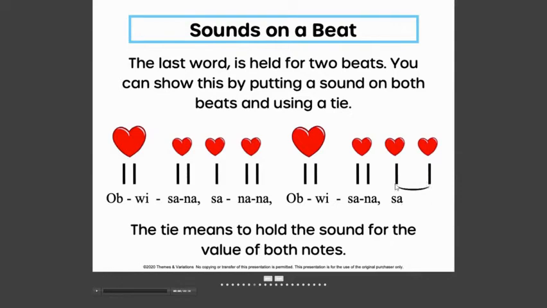And then we're going to draw a line. This smiley face right here is going to connect the 2 tas together. A tie means to hold the sound for the value of both notes or both hearts, okay? So we're holding it for a total of 2 heartbeats, even though it sounds like only 1 note.